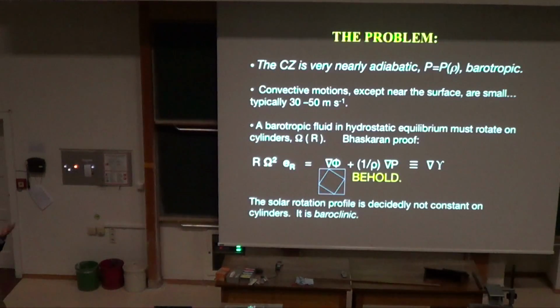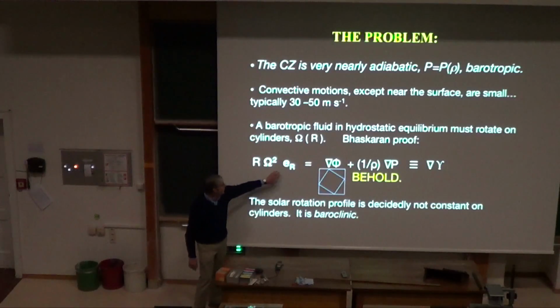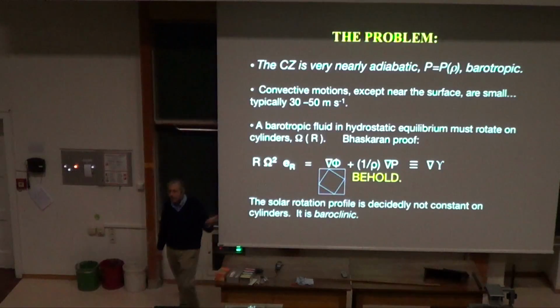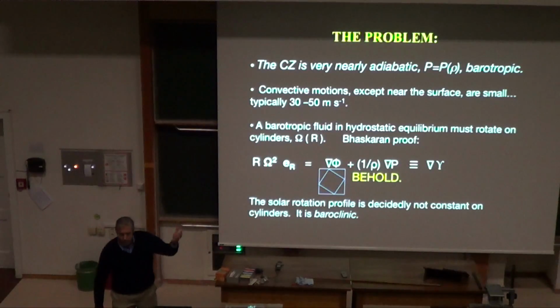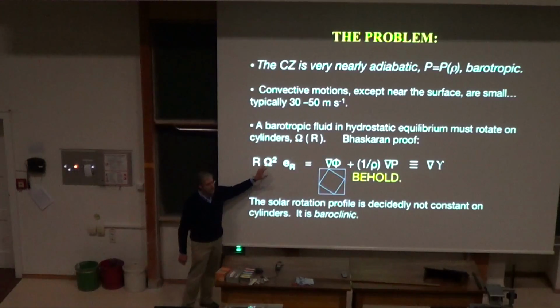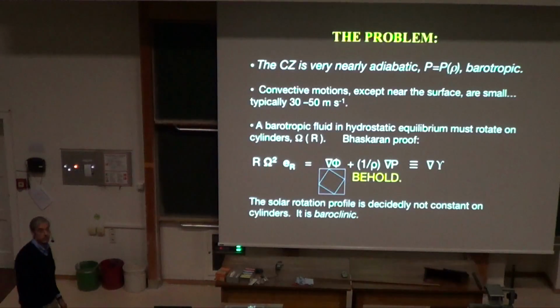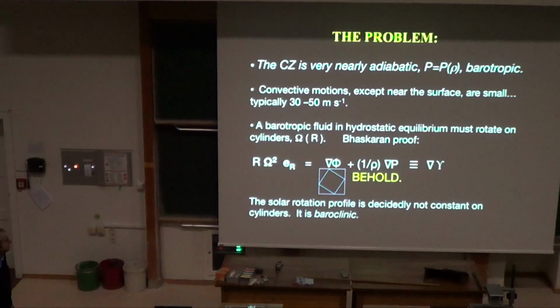And then I note that since the gradient of upsilon has only a component in the radial direction, upsilon itself can depend only on capital R. And if upsilon depends upon capital R, then omega can only depend on capital R. So it's a very simple and powerful result that applies to barotropic fluids.